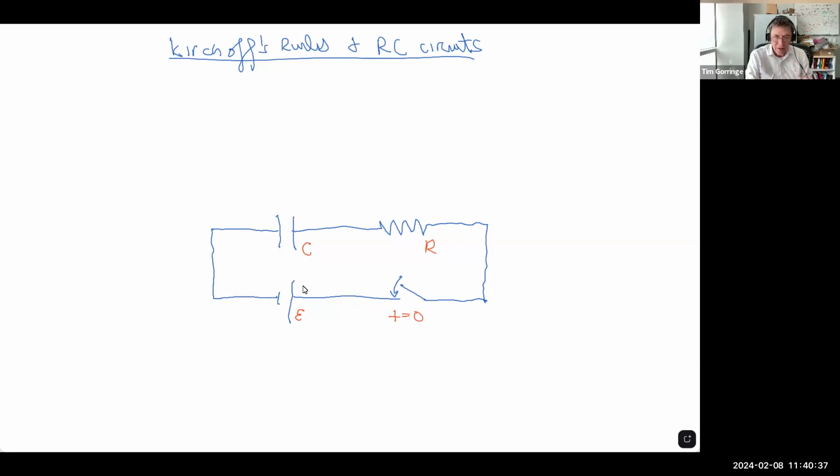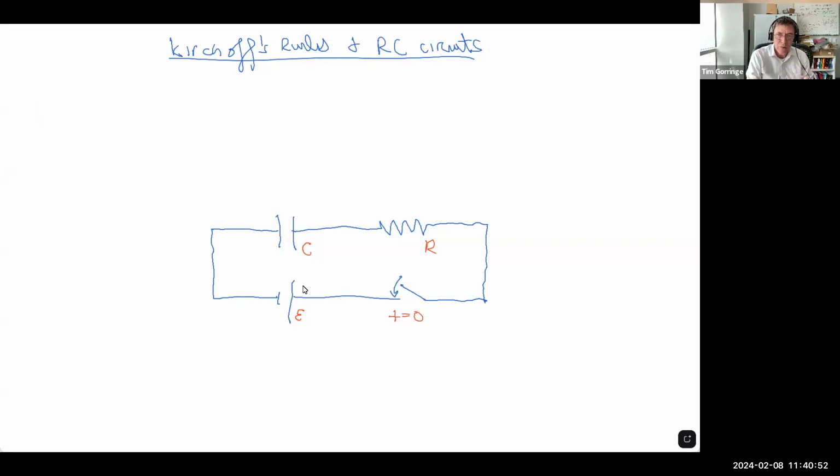So this is a simple circuit for application of Kirchhoff's rules in one sense. It's a simple circuit because it doesn't have any nodes or junctions. It's just a single loop.